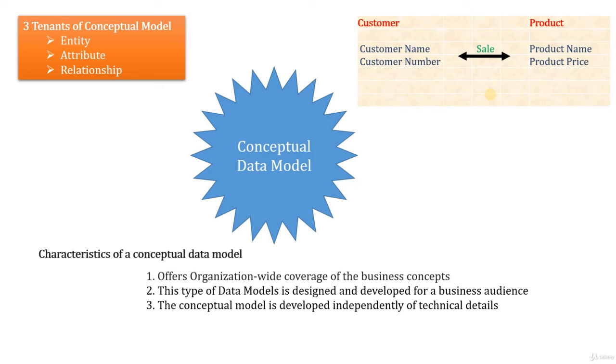Here, the focus is to represent the data as a user will see it in the real world. That means you're not going to get into the details of technical aspects of the modeling. You're restricting yourself to the business perspective. So here the technical aspects are basically not discussed.